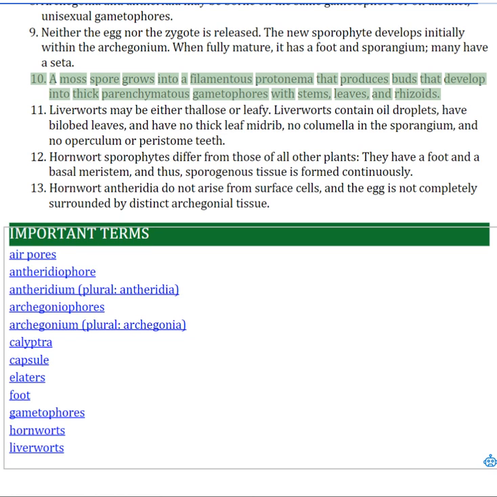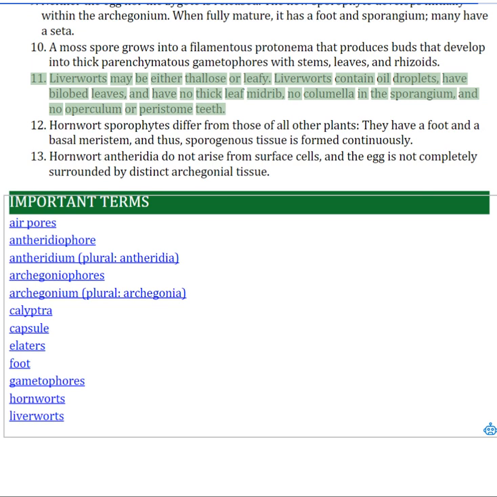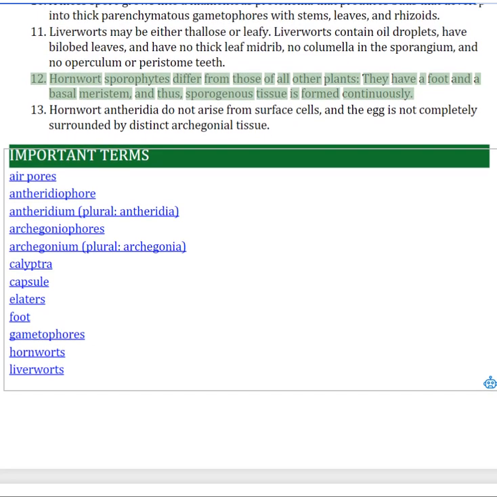10. A moss spore grows into a filamentous protonema that produces buds that develop into thick parenchymatous gametophores with stems, leaves, and rhizoids. 11. Liverworts may be either thallose or leafy. Liverworts contain oil droplets, have bilobed leaves, and have no thick leaf midrib, no columella in the sporangium, and no operculum or peristome teeth. 12.